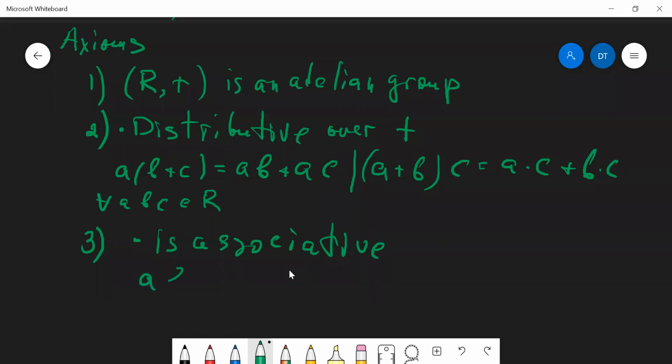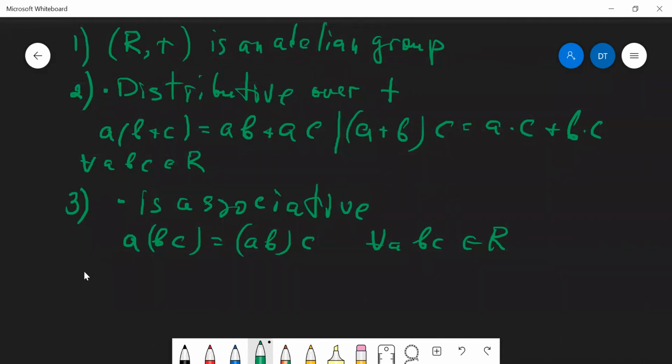Explicitly, this means that we don't care about the brackets, for all possible elements from our set R. And at the end, the fourth axiom says that the multiplication must have a neutral element. So there exists an element 1 such that 1 times A equals A times 1 equals A for any element A in R.